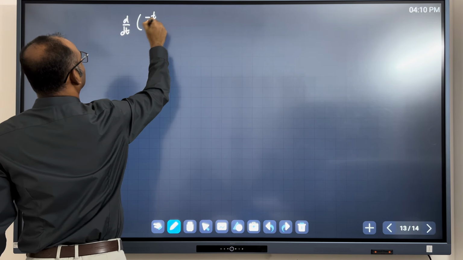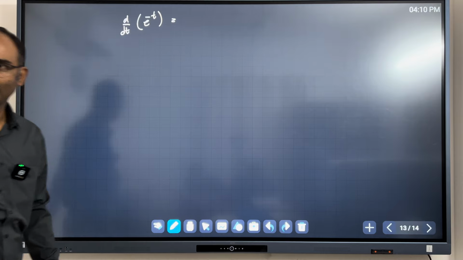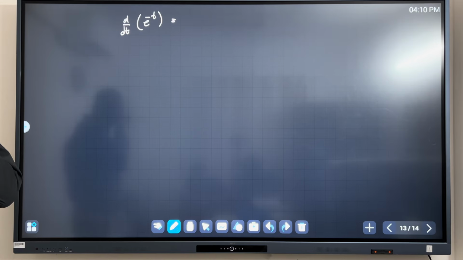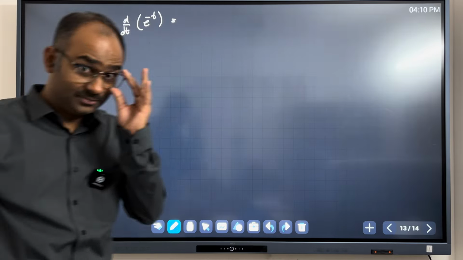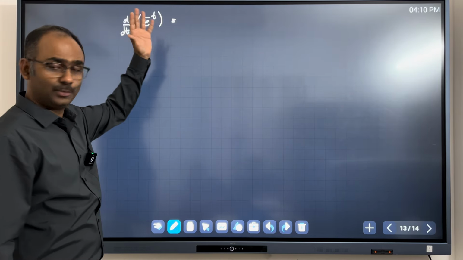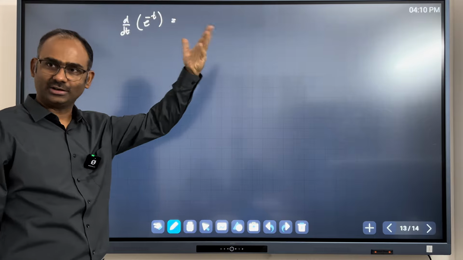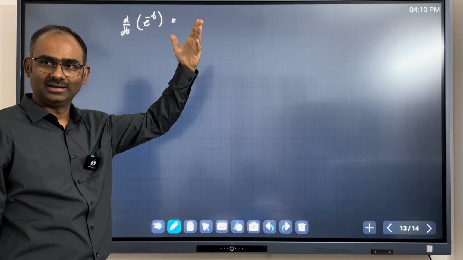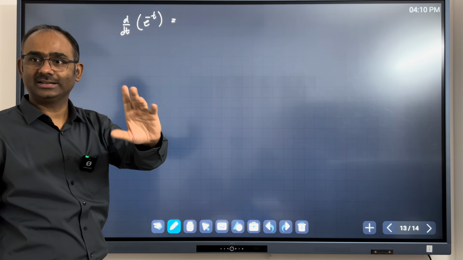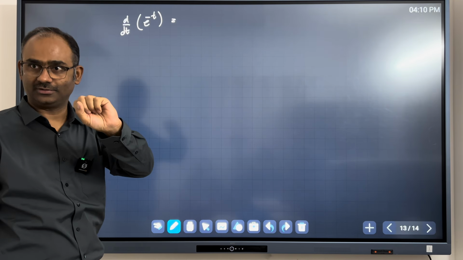Let's first look at this one. What is that? Can you do that? So I'll use the chain rule again. The derivative of the exponential function is the exponential function, right? Then according to the chain rule, I should multiply that with the derivative of the argument of the exponential function.